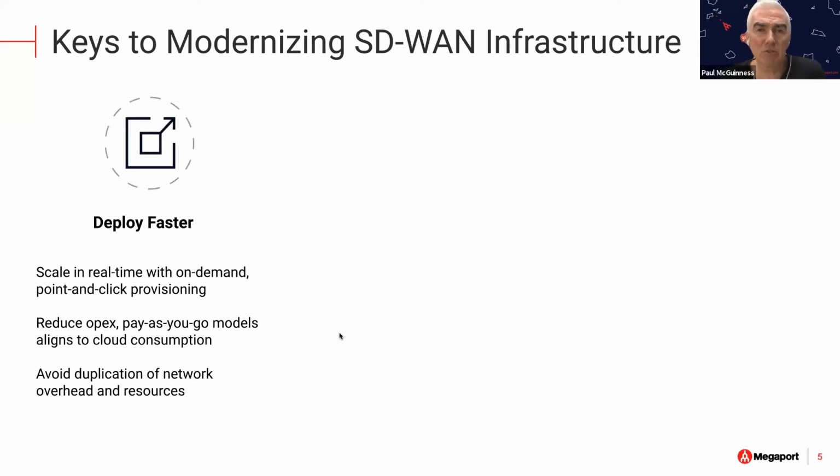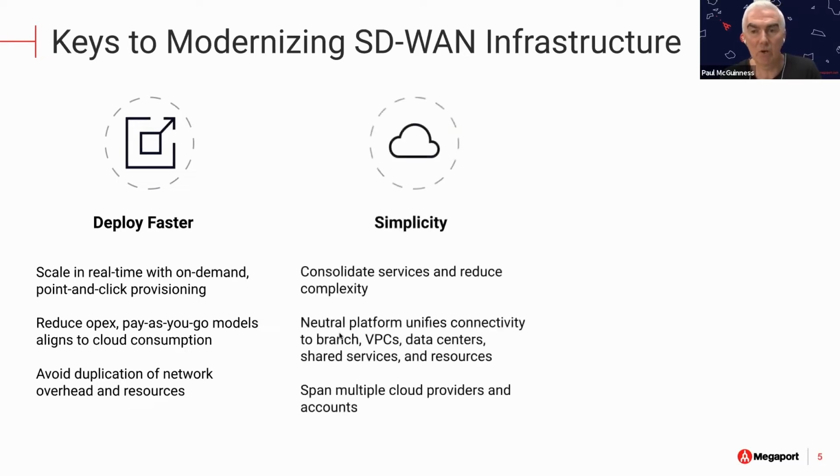Okay, so as customers look at modernizing, or enterprises look at modernizing their SD-WAN, they're looking at the deployment methods and how they can change those to give themselves more control. So being able to provision in real time, be able to have non-lock-in contracts. So you take control, more automation inside your network, allowing you to simplify the way that you deploy.